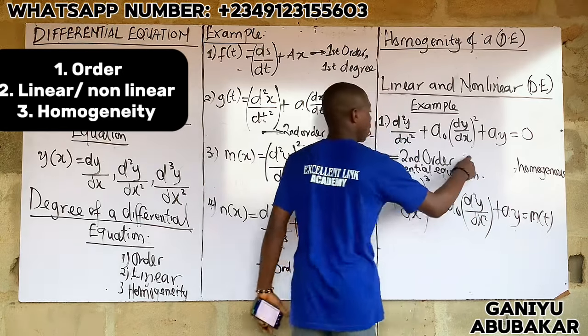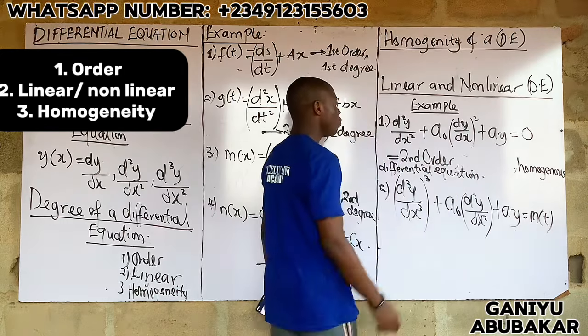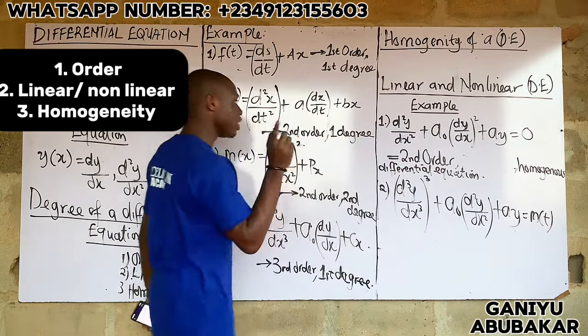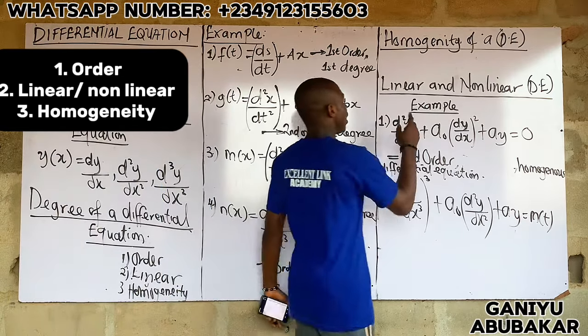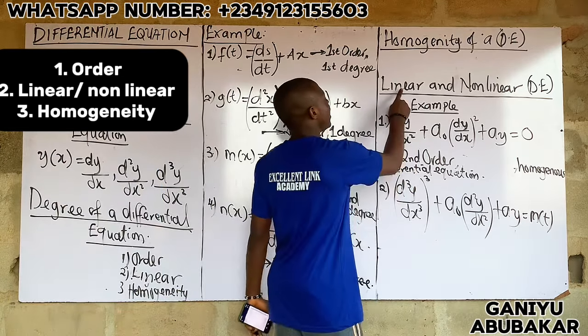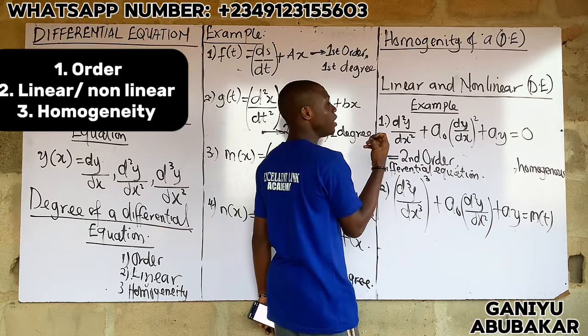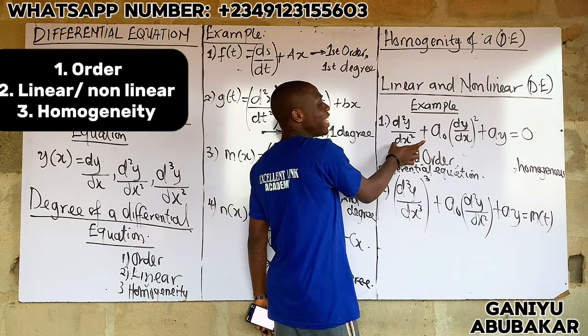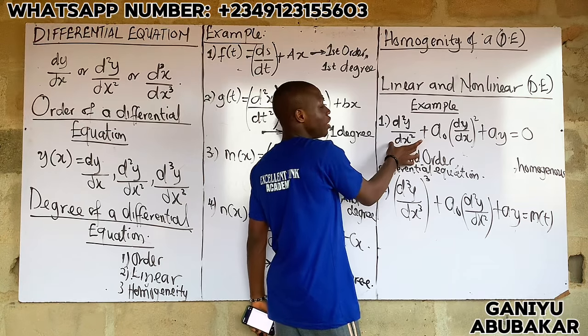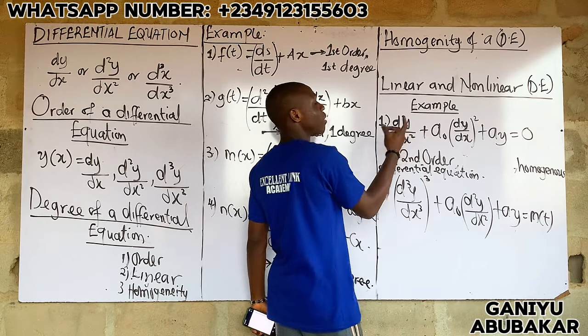So look at this place now. What will I put there? We said I'm going to put linear there. For linear, look up please. We said a linear equation is simply an equation in which its highest differential coefficient is being raised to power 1.